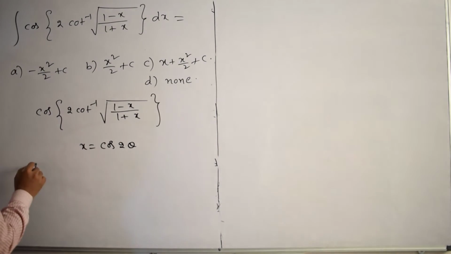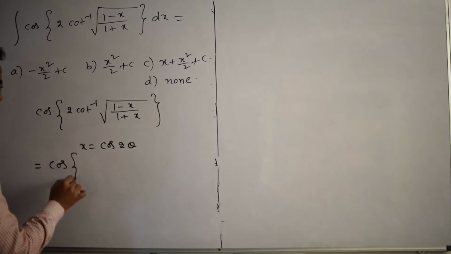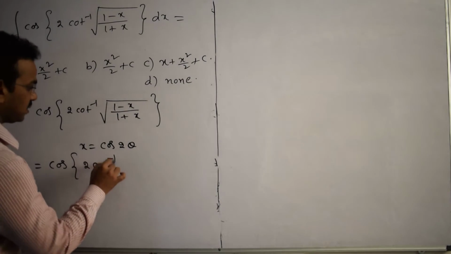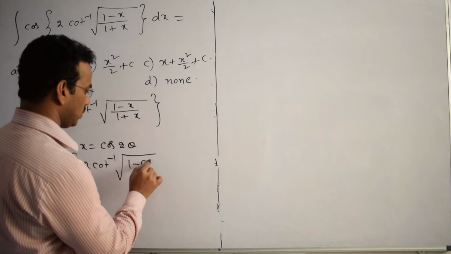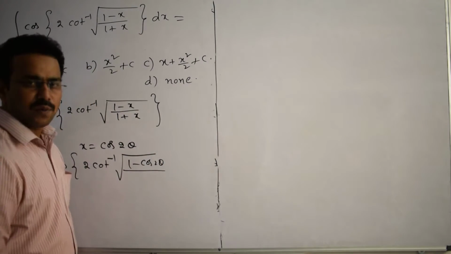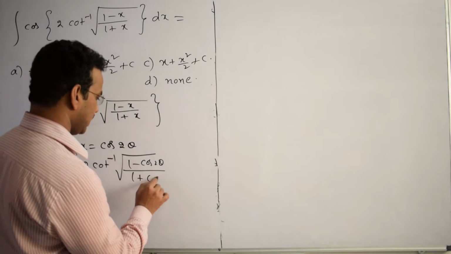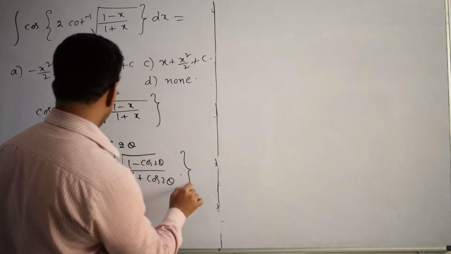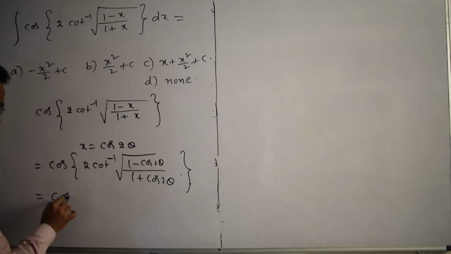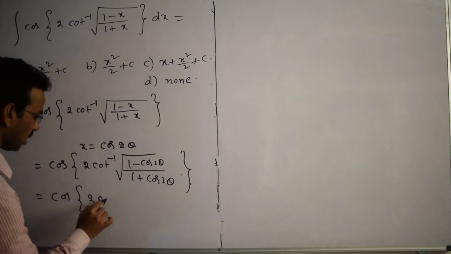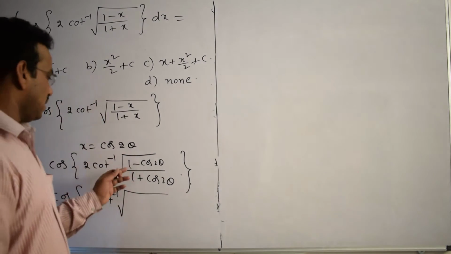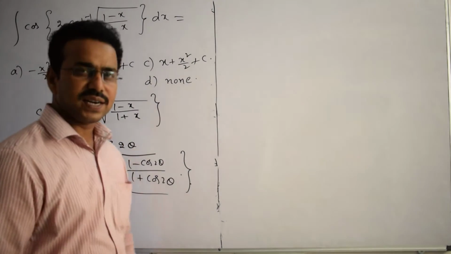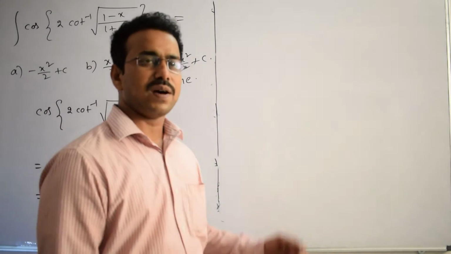In the next step, which equals cos of 2 cot inverse under the root 1 minus cos 2 theta by 1 plus cos 2 theta. Here in the next step, see, whenever we have 1, first we will try to eliminate 1 by using the formula of cos 2 theta.